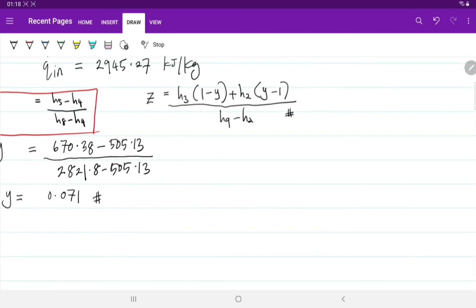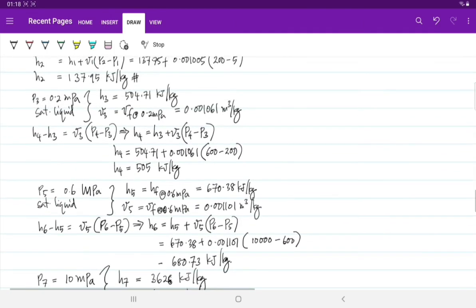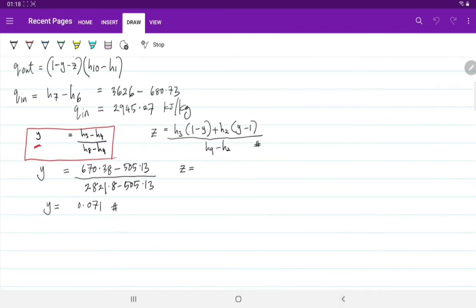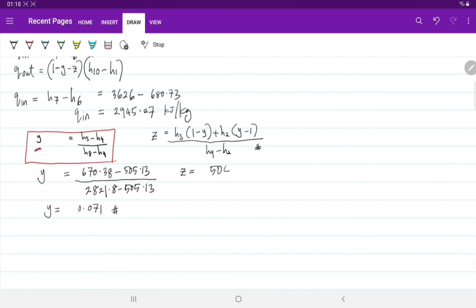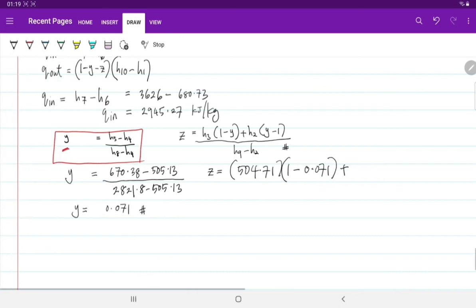I think, and then for Z, that is very straightforward as well. Z equals H3 times... what is H3? 504.71. 1 minus Y, 0.071, plus H2.